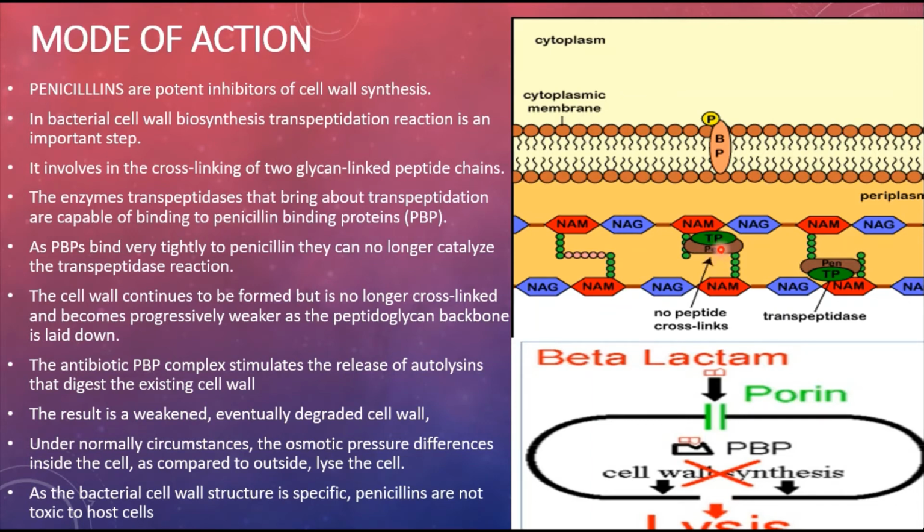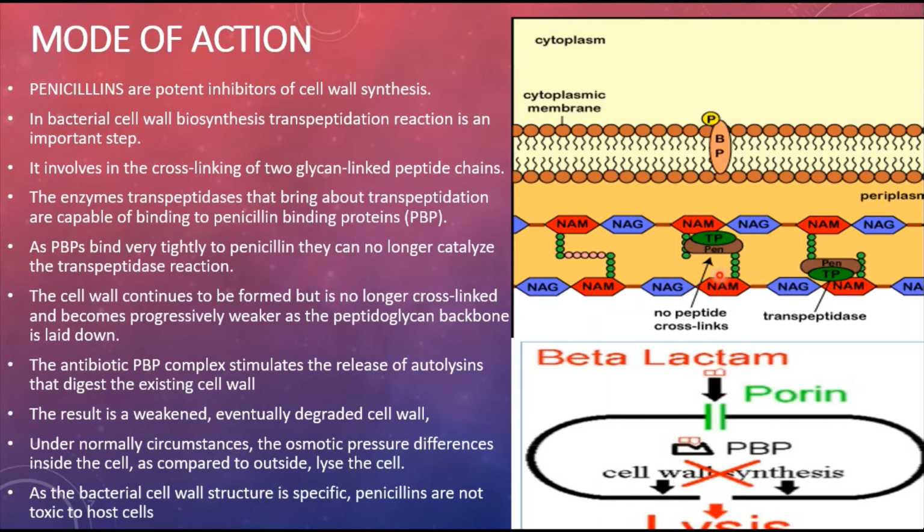Once this PBP binds very tightly to the penicillin, it can no longer catalyze the transpeptidation reaction. So you can see here there is no transpeptidation reaction. The cell wall continues to be formed, that means the peptidoglycan layer continues to be formed, but the layers are no longer cross-linked and become progressively weaker as the peptidoglycan backbone is laid down.